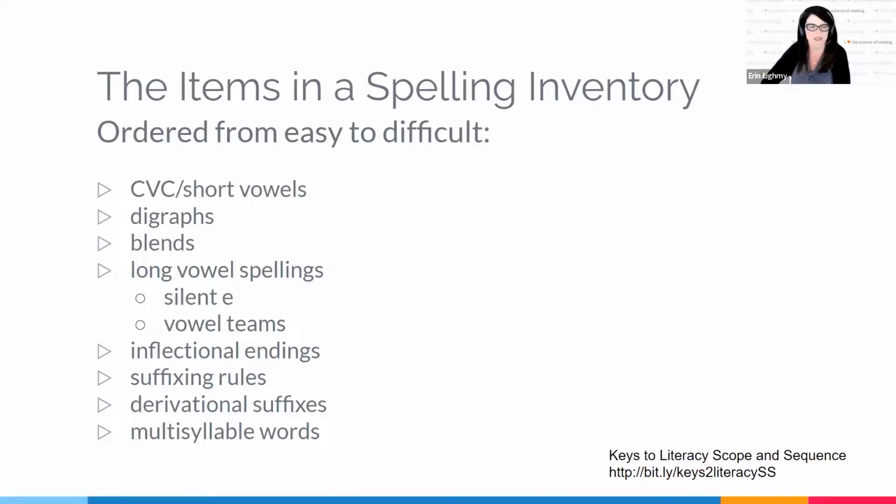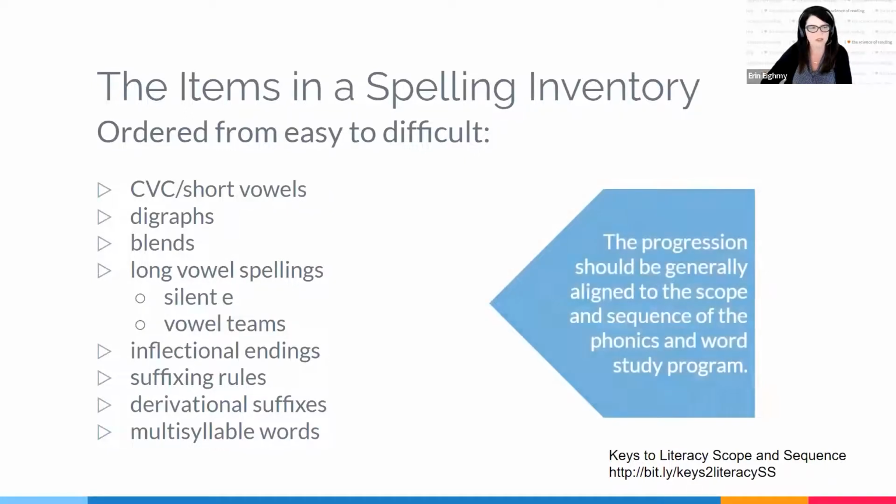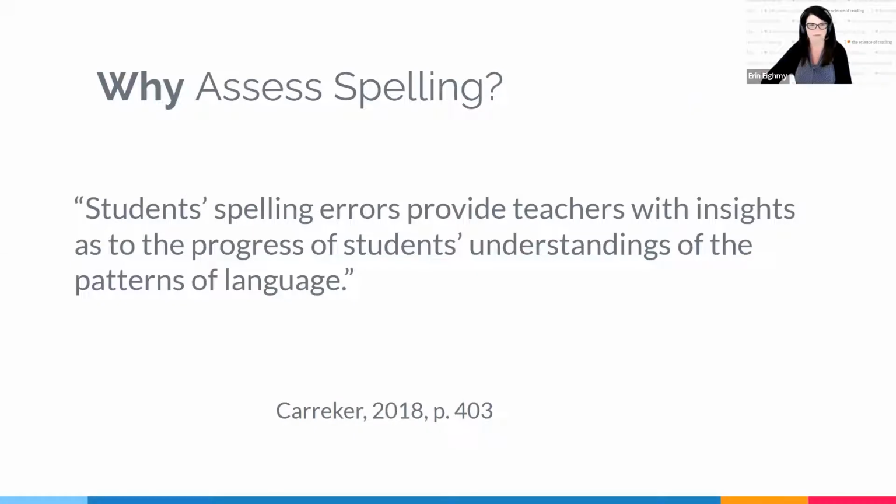How do students add inflectional endings or suffixes or attack multisyllabic words? So that's just a general scope and sequence that you'll typically find. So that progression of an inventory should be generally aligned to your phonics and word study program.